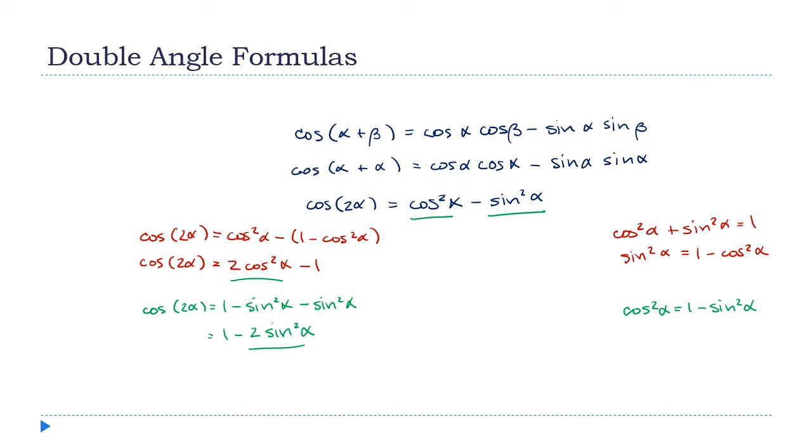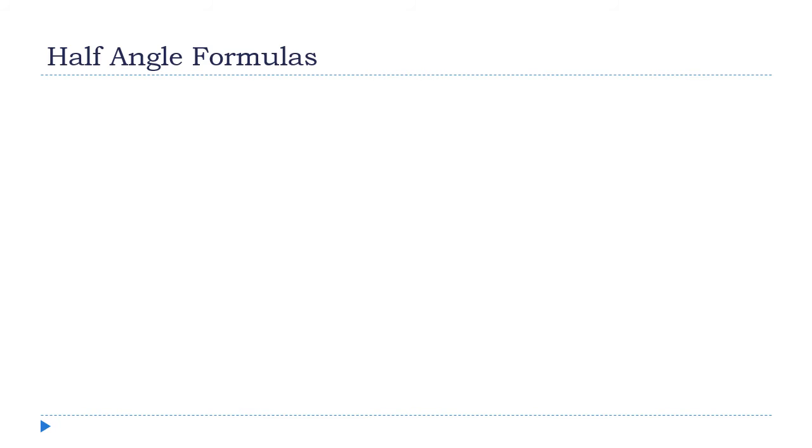How about half angle formulas? To do half angles, hold on to this identity right here. Cosine 2 alpha equals 2 cosine squared minus 1. That's actually where I'm going to start. Cosine 2 alpha equals 2 cosine squared alpha minus 1.